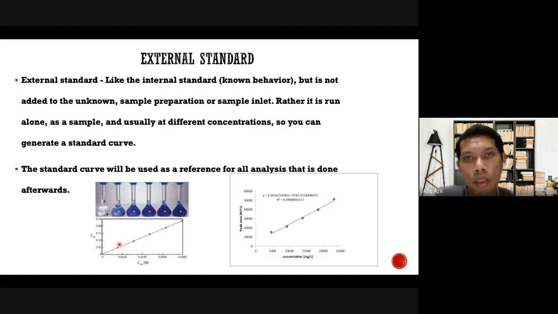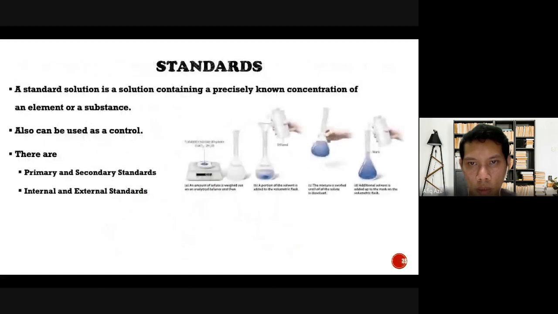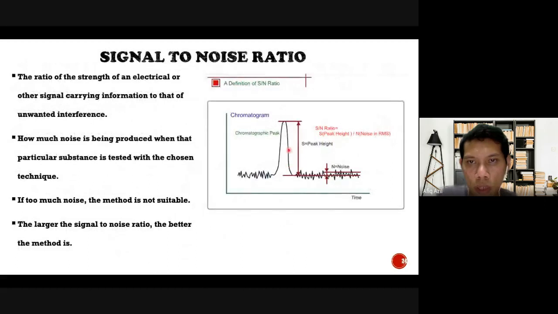Each of these different concentrations will correspond to the expected reading. For example, the peak area is the area under the graph. This is the chromatogram, so the concentration of that compound can be calculated from the area under the curve.